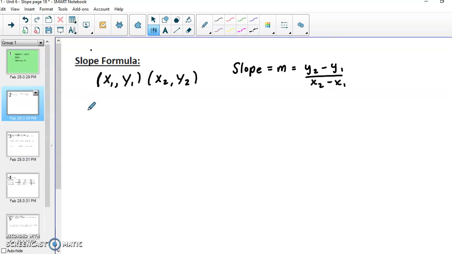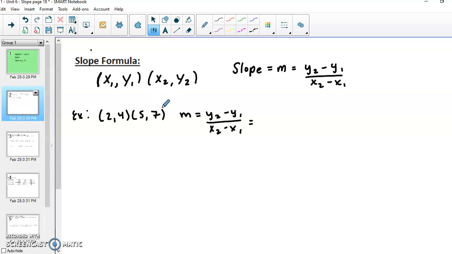There is not a lot of room here, so take out another piece of paper. I want to do a couple of examples, maybe just 2. Say I have the points 2, 4 and 5, 7. The slope formula is y2 minus y1 over x2 minus x1. You can go ahead and label them if you want, but I think it's pretty easy.